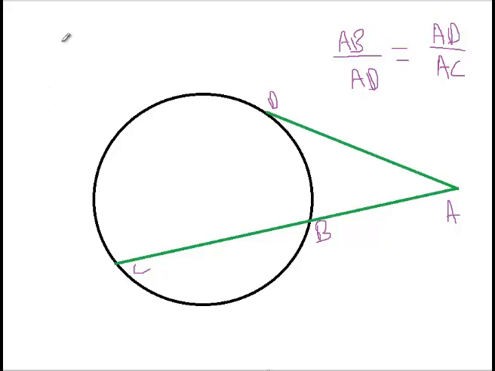It writes that AD squared, this line segment to the second power, is the same as the small segment, AB, times the big segment, which is AC. But this is the same thing. When you cross multiply, AD times AD is AD squared, and AB times AC. So it's really the exact same thing.